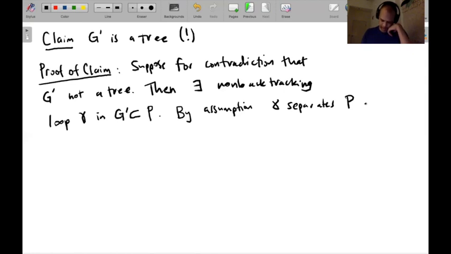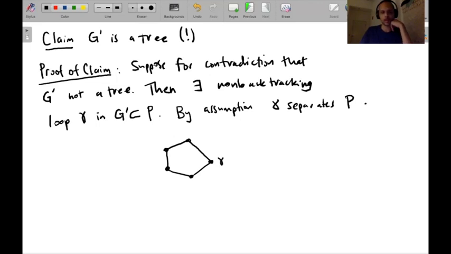But this is a problem. So here's the picture. So we have this polygonal loop, gamma. Maybe I should have drawn it in a different color.